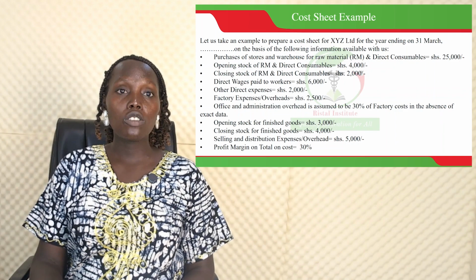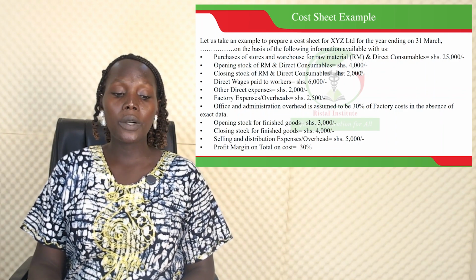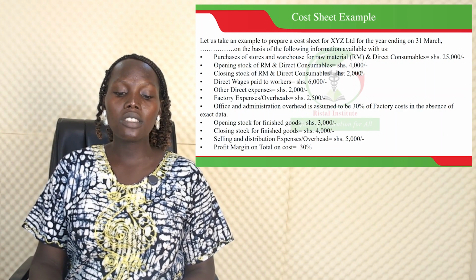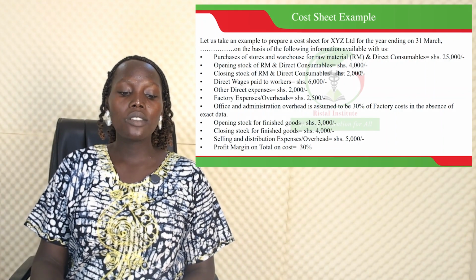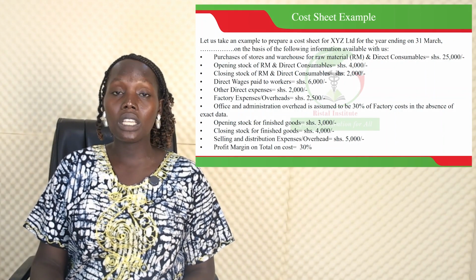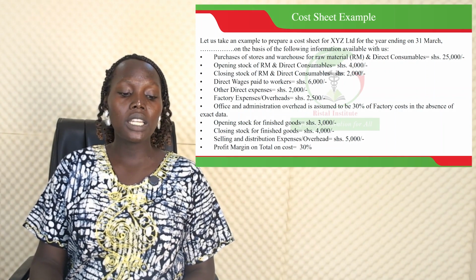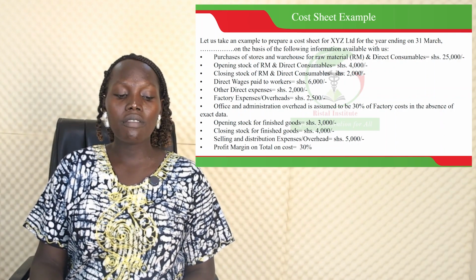Opening stock of raw materials and direct consumables was 4,000, and closing stock was 2,000. Direct wages paid to workers was 6,000, other direct expenses was 2,000, and factory expenses overhead was 2,500.